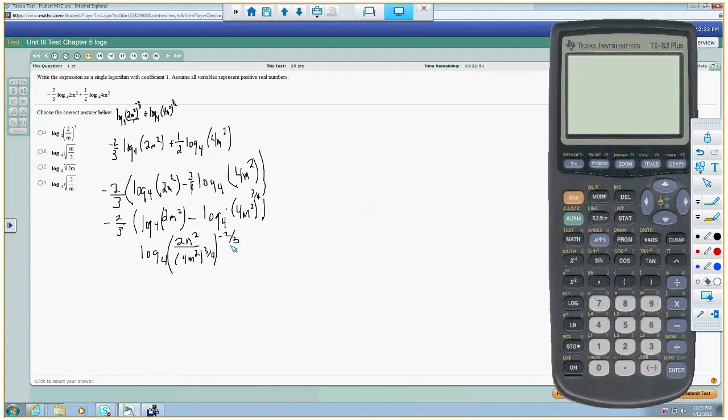Okay, now use your power rule here and distribute there. It's the only way I know to do it. That's the only other way I can see that they did it.